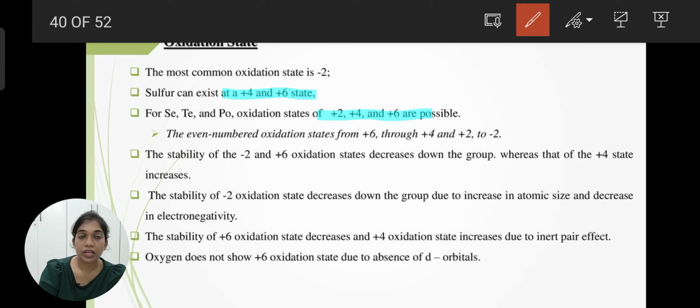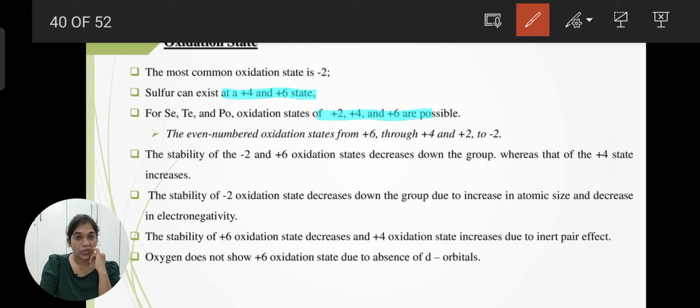The even numbered oxidation states +6, +4 and +2 to -2, means oxygen family shows variable oxidation state. It is even number oxidation state from +6, +4, +2 to -2. The stability of -2 and +6 oxidation state decreases down the group.